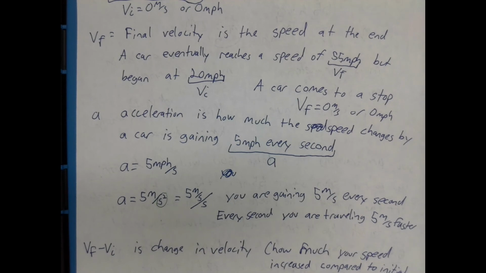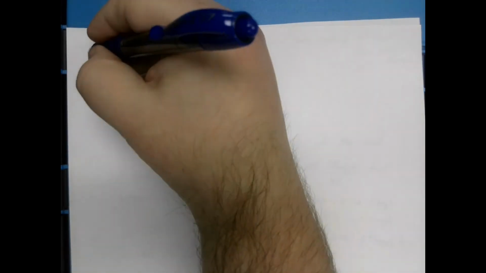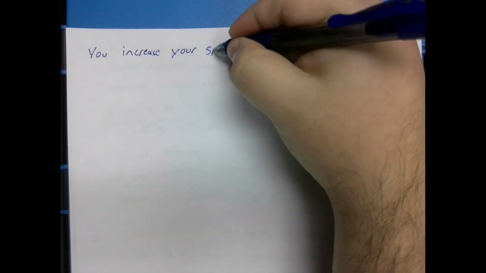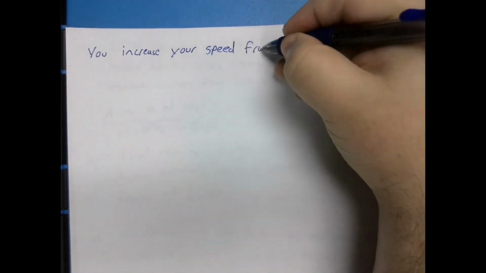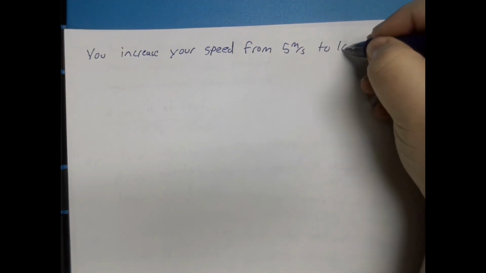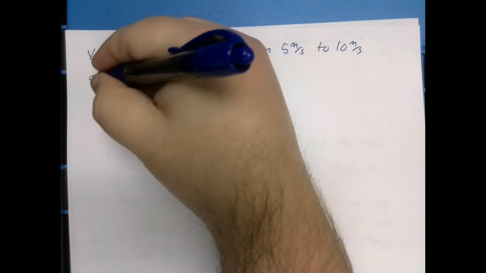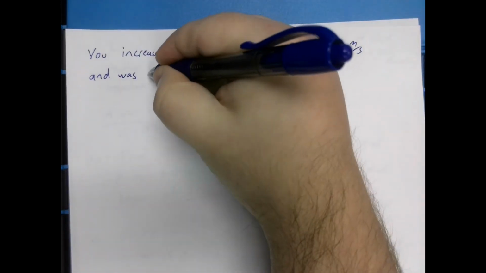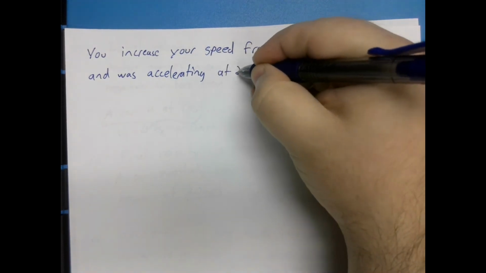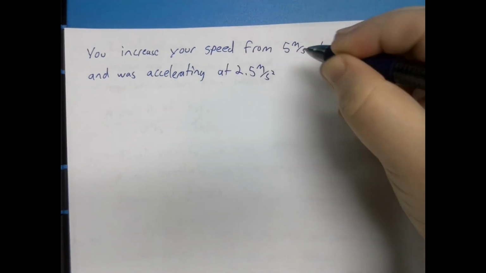So let's do some examples. You increase your speed from 5 meters per second to 10 meters per second, and were accelerating at 2.5 meters per second squared.